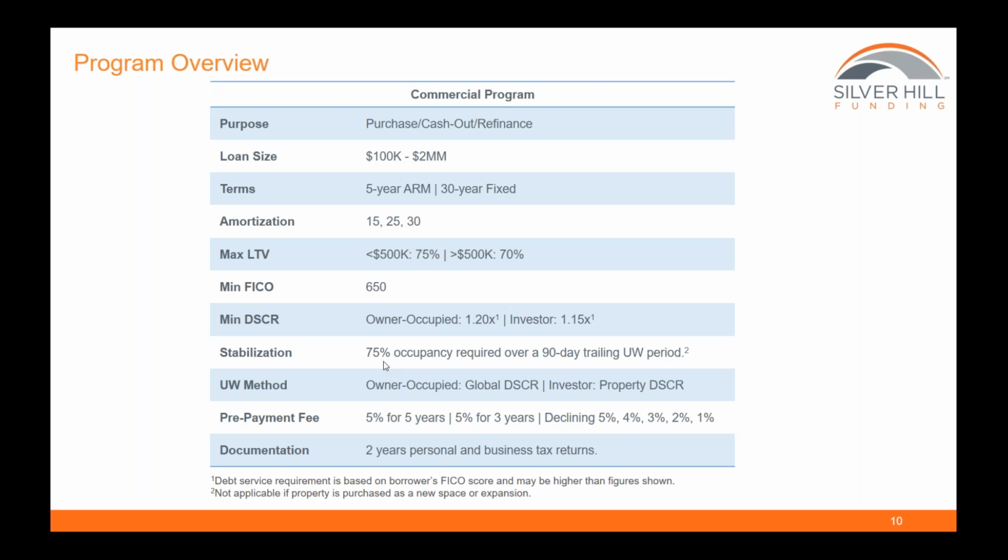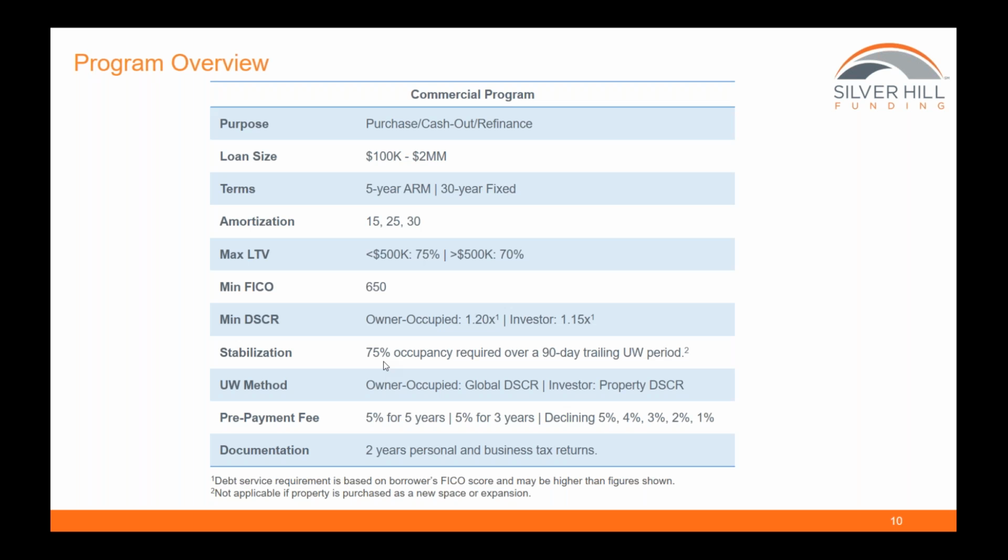As far as owner-occupied loans, how we underwrite them, it's a global debt service with a real strong focus on the business. When people do global cash flows at banks, they really look at the whole picture. We will look at the whole picture, but we're going to focus more on that business. If that business is doing well, then, unless the personal income side or the personal expense side of that borrower is disastrous, we can move forward with a loan.